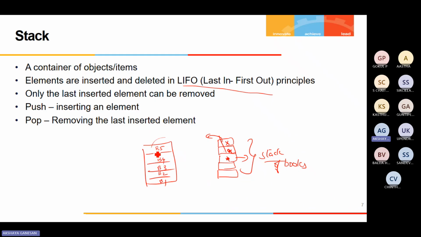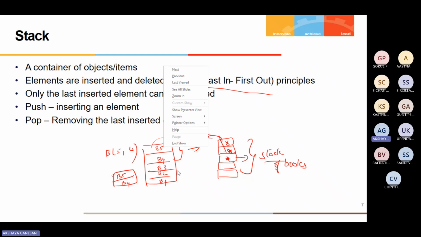So only the last inserted element can be removed, but you can also remove more than one last element. So I can at a time take B5 and B4 together. So that is, I'm doing two pops together. So I can take B5, B4 together and place it here. Right? I can do that. But without taking B5 or B4, I cannot pull out B3. That is what I mean.